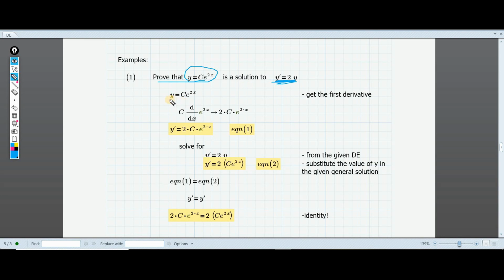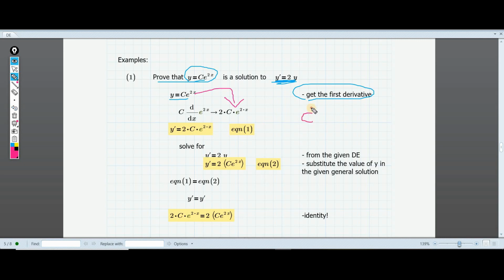Rewriting the general solution here. Ang gagawin natin, syempre, we will get the derivative. Okay. So pag kinuha natin ang derivative niyan, c e to the 2x, we will arrive at this answer. So, paano yan?